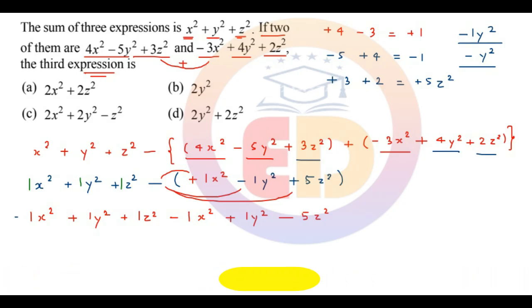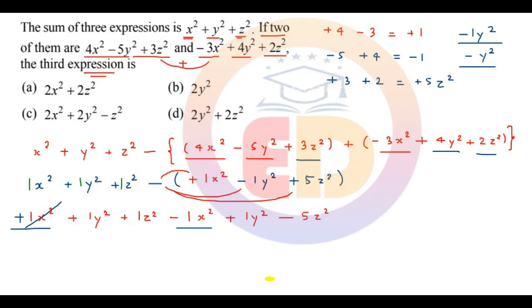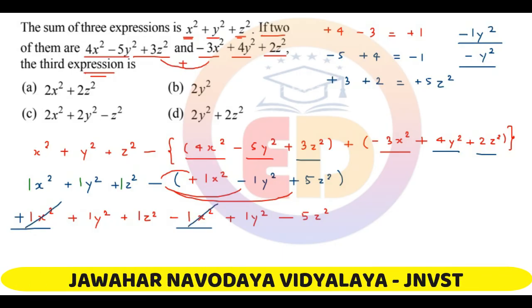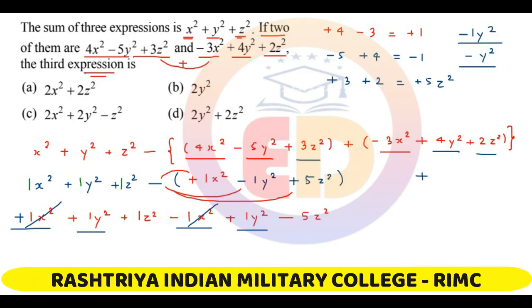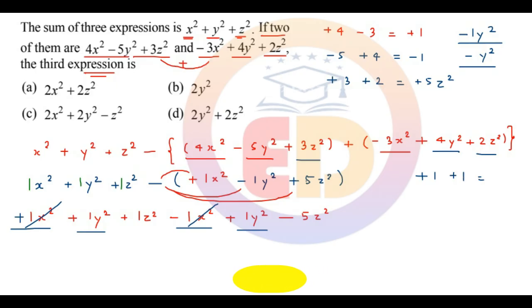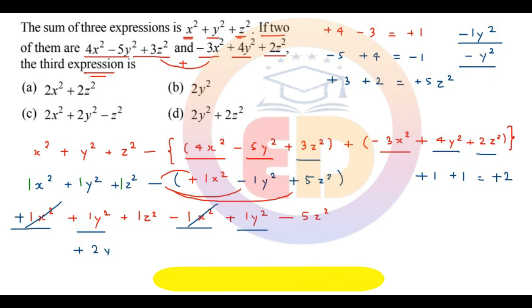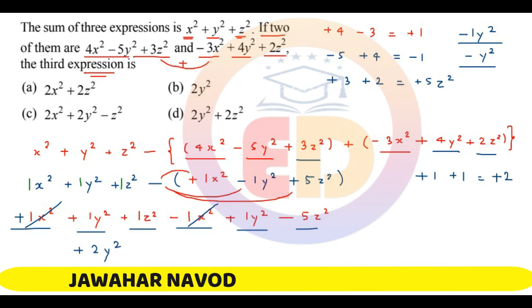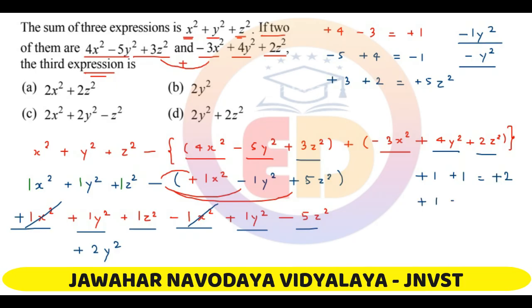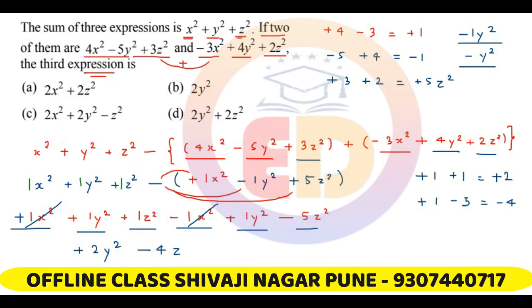This is plus 1x square, this is minus 1x square, cancelled. This is plus 1y square, this is plus 1y square, plus 1 will be plus 2, so this will become plus 2y square, plus 1z square minus 5z square, plus 1 minus 5 is minus 4, so this will be minus 4z square.